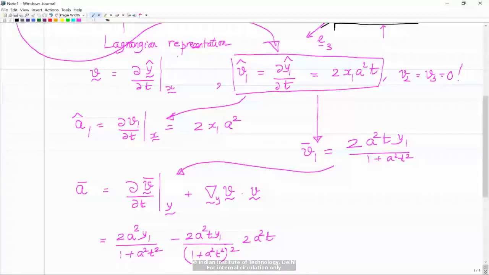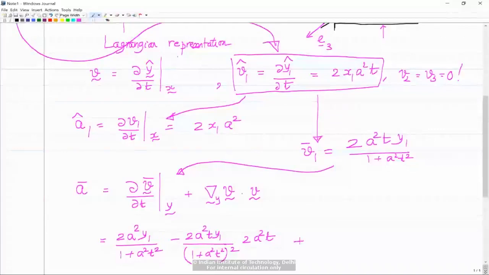You see, it's a bit complicated now. The Eulerian derivatives were so simple, but this is just a specific example. In other examples, taking the Eulerian derivatives might be easier. Anyway, let us now look at the other part, the gradient of velocity.